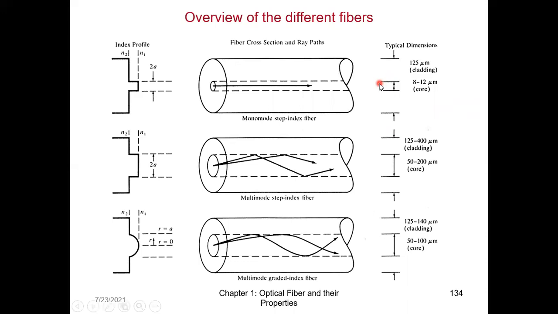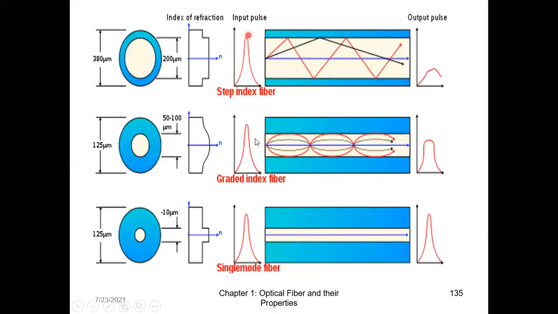Once you have drawn this, you draw the input waveform. Please match. Here the order is not the same as the previous one. So the input is the same kind of waveform, and this is the output. By drawing this particular output, it also indicates that you have understood what is the problem with multi-mode step index fiber. There is the problem of modal dispersion.